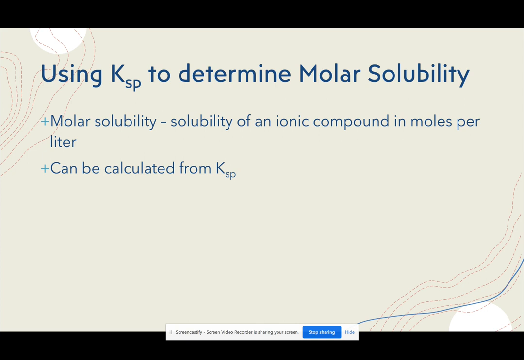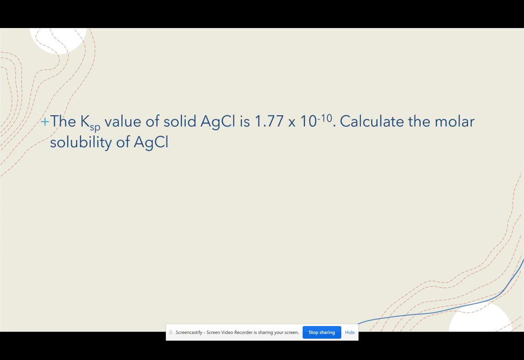You can use Ksp to determine what's called the molar solubility. The molar solubility is the solubility of an ionic compound in moles per liter, or molarity, and you can calculate that from Ksp. So if I have the Ksp value of solid silver chloride is 1.77 times 10 to the negative 10, and I want to calculate the molar solubility of silver chloride, we are going to start with writing our solid silver chloride dissolving.